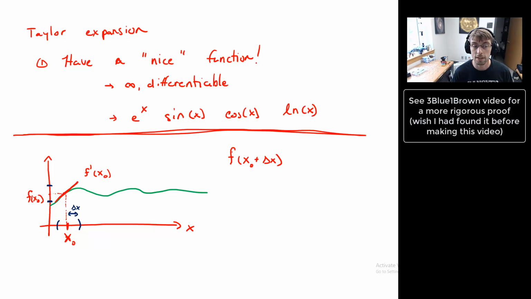And so if I want an estimate of the function value at a distance of delta x, I could approximate that as the value of my function evaluated at x naught, and then add to that the derivative of my function evaluated at x naught. So this is giving me the slope of the function at x naught. And then I multiply that by my step size.